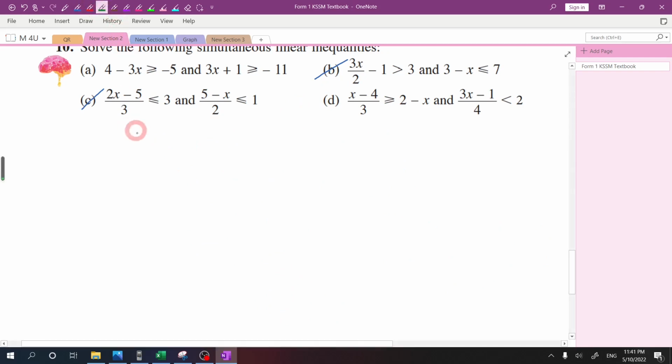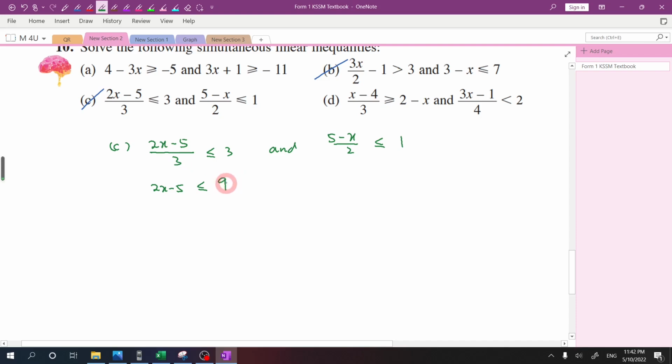Okay, now let's try the last one, part C. 2x minus 5 over 3 is less than or equal to 3 and 5 minus x over 2 is less than or equal to 1. 2x minus 5 is less than or equal to 3 times 3, you get 9. You can just write 9, you don't have to write 3 times 3.